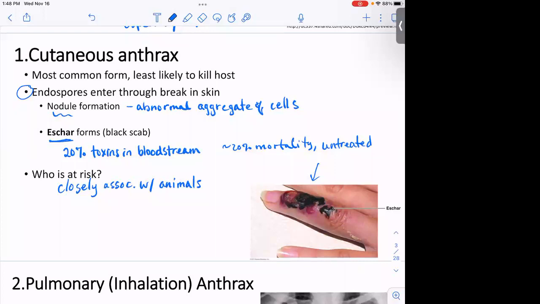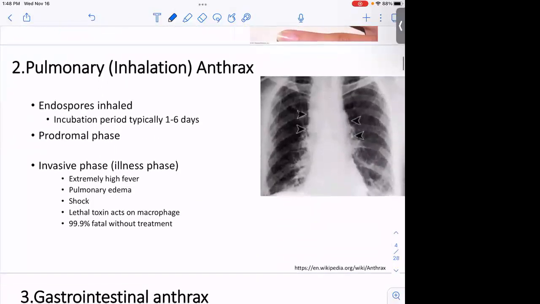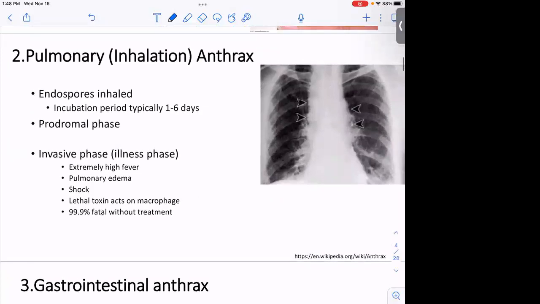The other people, and all 5 people that died, had pulmonary anthrax. They got enough that those spores were aerosolized, and they breathed them in. So this is one of the really deadly kinds of anthrax. Typically there's some kind of incubation period. Remember, you're not showing any symptoms in that incubation period.